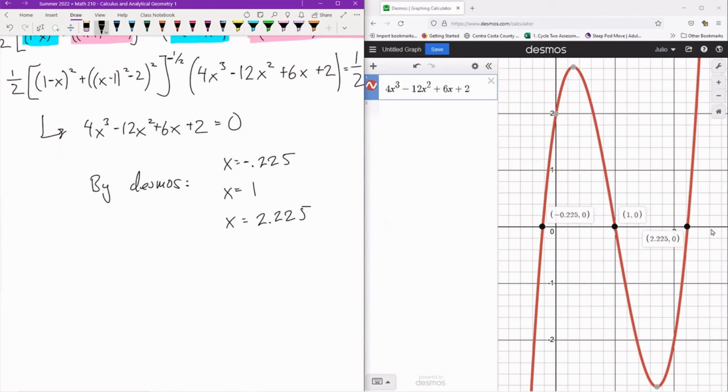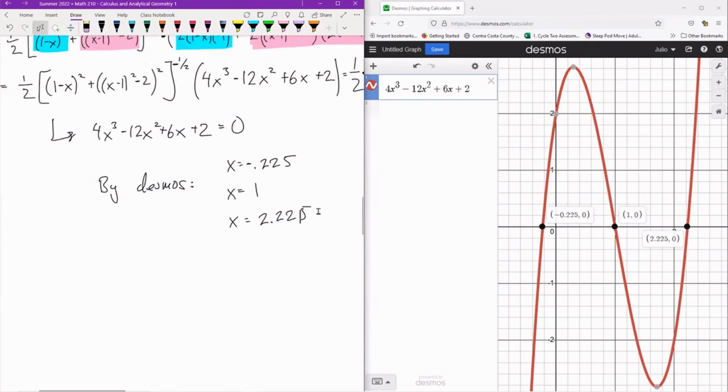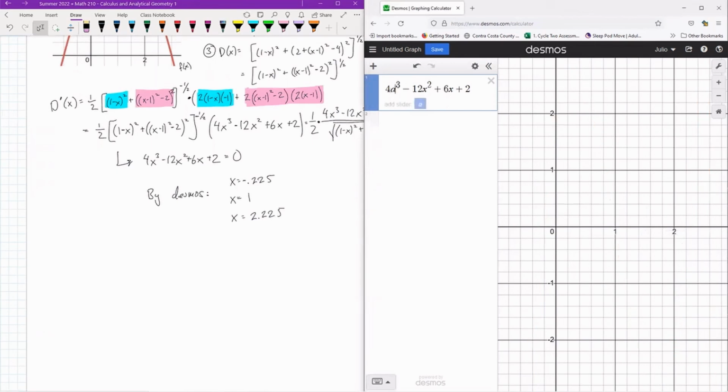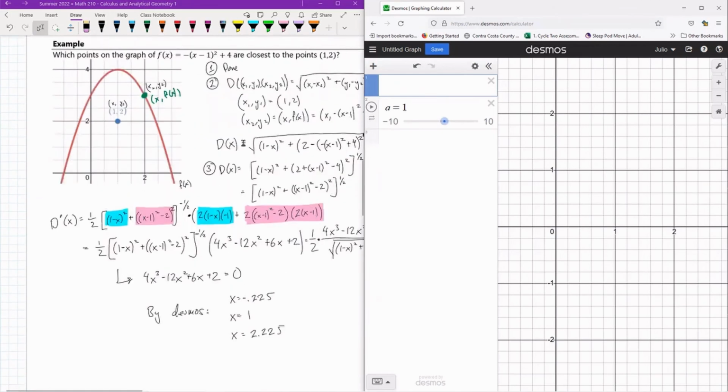Right? So now I've got my values. I'm going to switch these to a's so I can do a computation with them. Hopefully you guys are using Desmos this way too. And actually I need the original equation. So I'm going to go back up here and use my original equation.